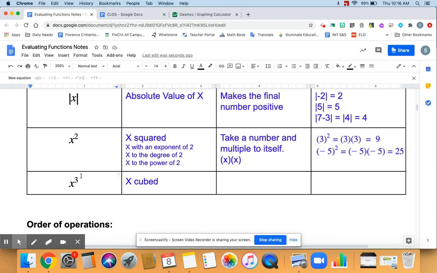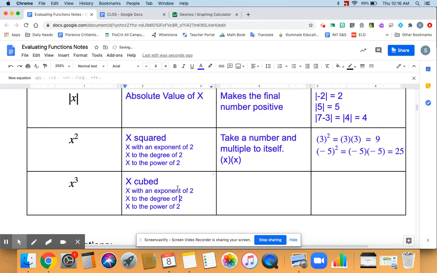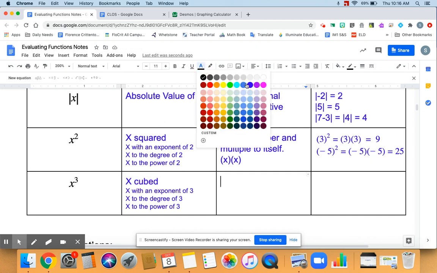So that's one way we read it, by saying x cubed. But they could also use all 3 of these ways just with the number 3 instead. So it could be x with an exponent of 3, x to the degree of 3, x to the power of 3. But x cubed is the fancy special name for it.